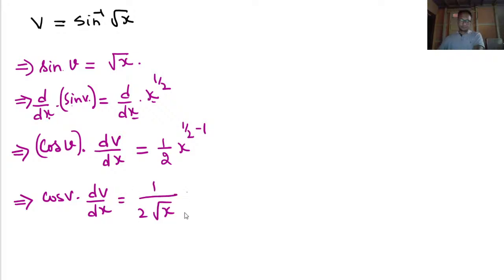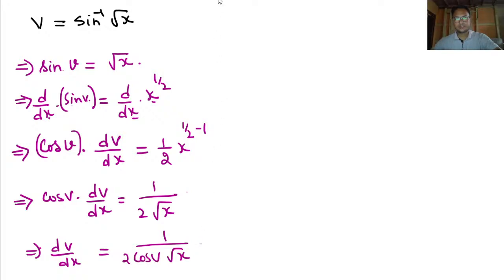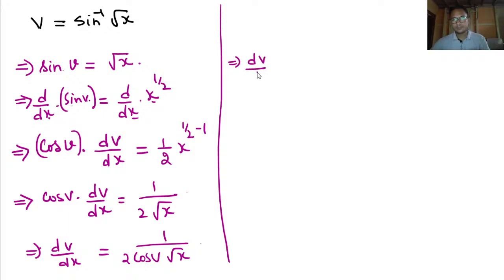So dv by dx is one by two root x cos v, where cos v is in the denominator.